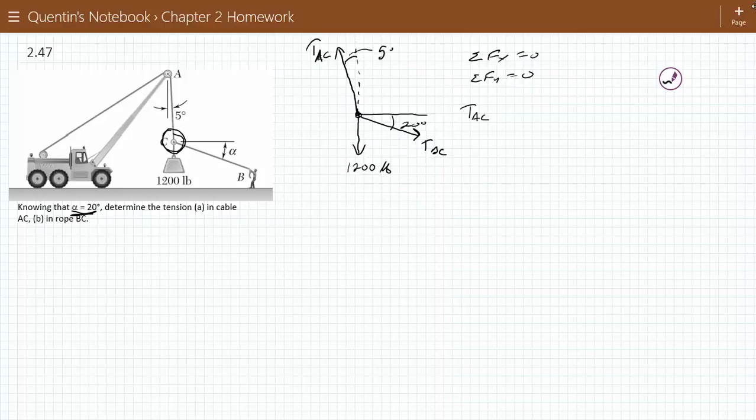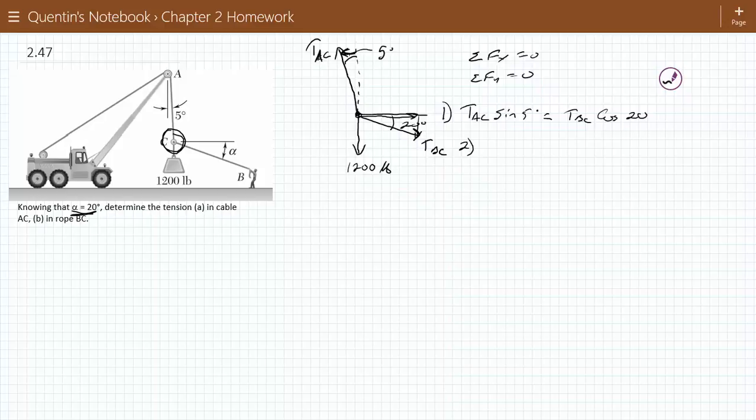So I want to look at this portion of TAC right there. That's going to be TAC times sine of 5 degrees, which is the left force, and that's going to equal this portion of this force, which is going to be TBC times cosine of 20. So I'm going to call that equation 1. Now equation 2, the sum of the forces in y. So what do we have?